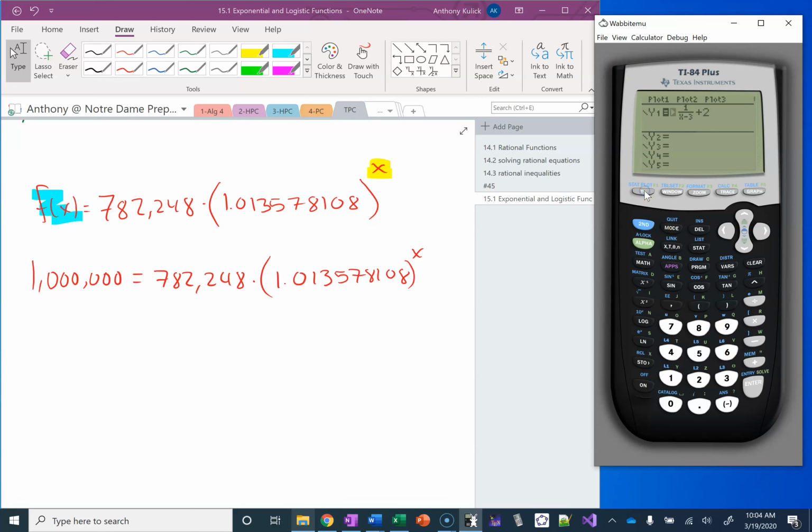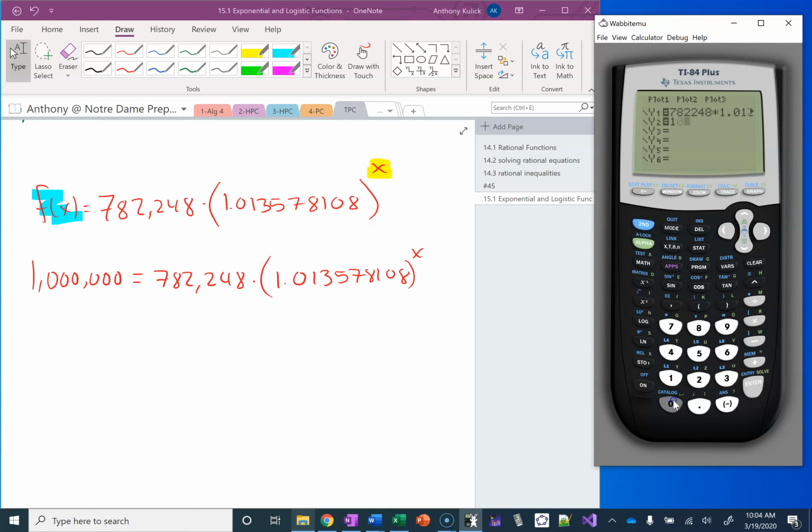So I'm going to go to my calculator and press my y equals button. For y1, I'm going to just type in my exponential model that I've written down here. So 782,248 times 1.013578108 to the x.